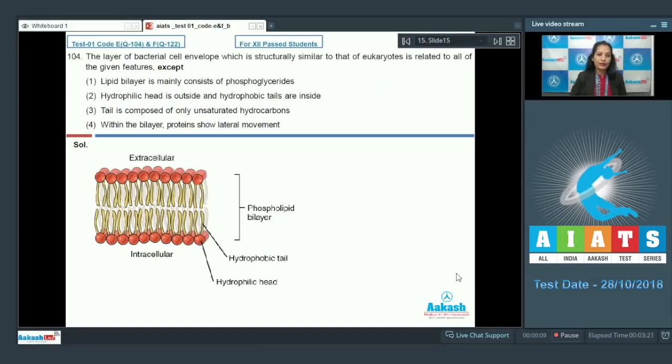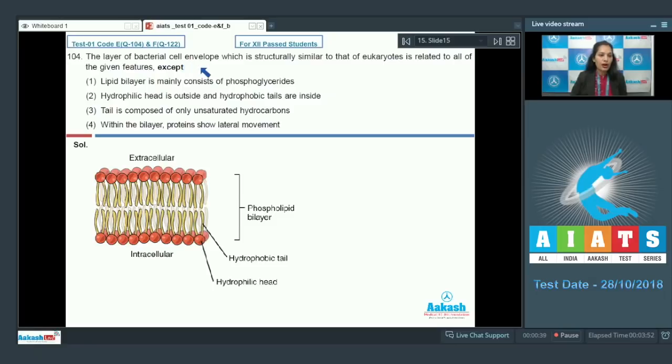Question number 104. The layer of the bacterial cell envelope which is structurally similar to that of eukaryotes is related to all of the given features except. First, the lipid bilayer mainly consists of phosphoglycerides. Second, the hydrophilic head is outside and hydrophobic tails are inside. Third, the tail is composed of only unsaturated hydrocarbons. Fourth, within the bilayer, proteins show lateral movement.